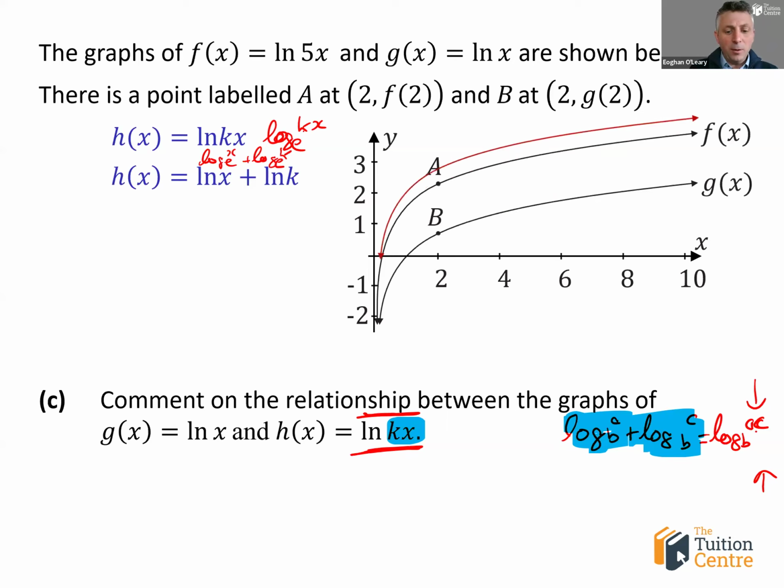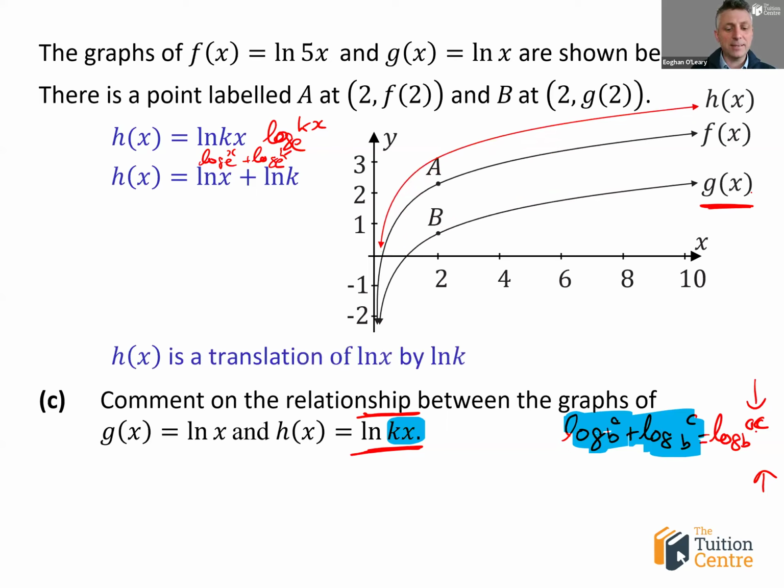So then what we're saying is, right, what is the connection between the two? Well, if you're starting off at g of x and you're going to h of x, what you're saying is that it is a translation of the original function, which was ln of x, by ln of k. So you're just shifting it upwards by whatever ln of k is.